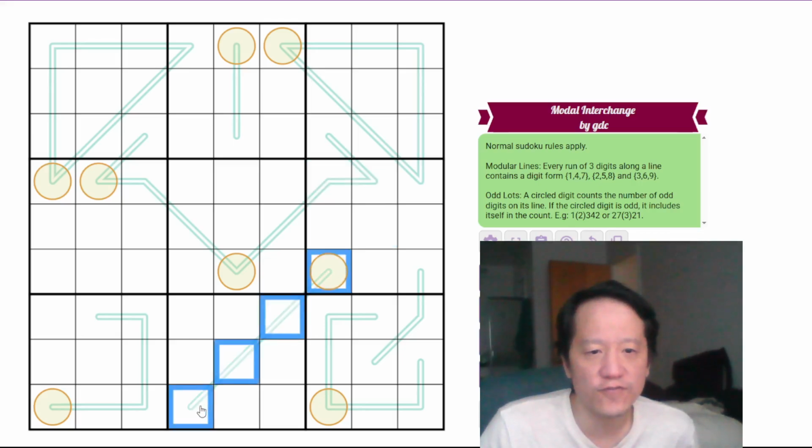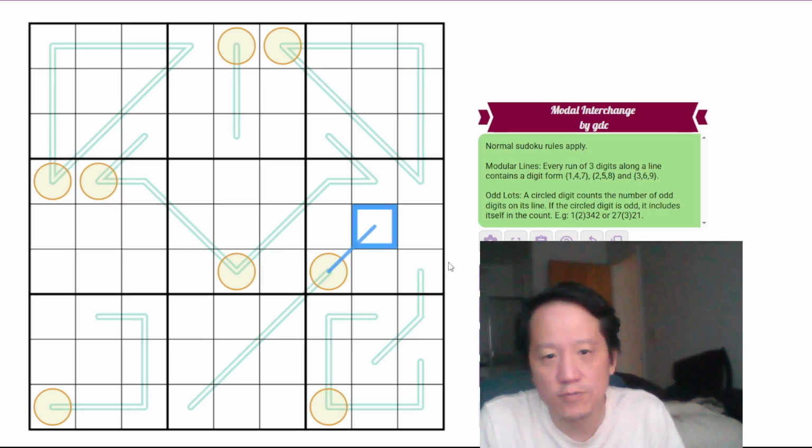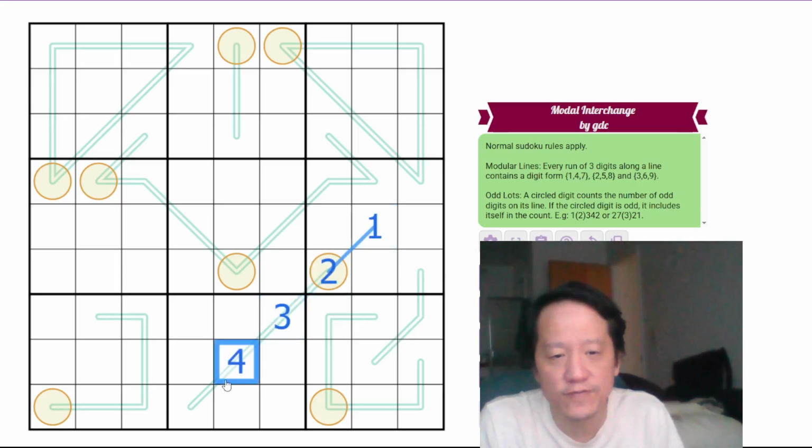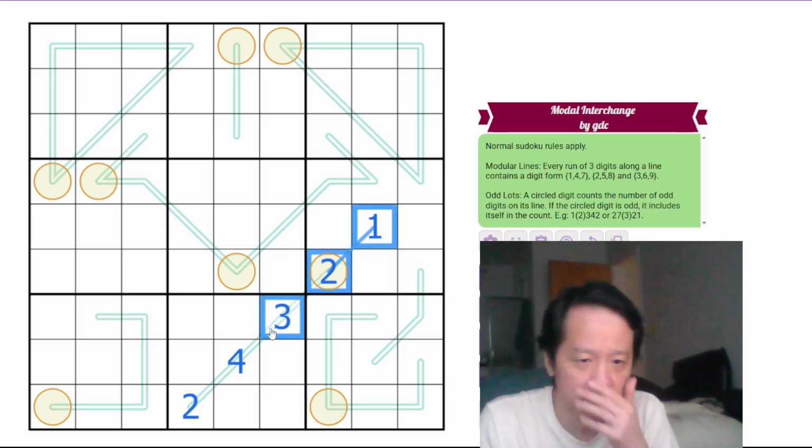We don't have one. Say this was 4 and we added an extension here. Then if this were, say, 1, 2, 3, 4, and 2, this would be correct because there are only 2 odd digits on this line, right?